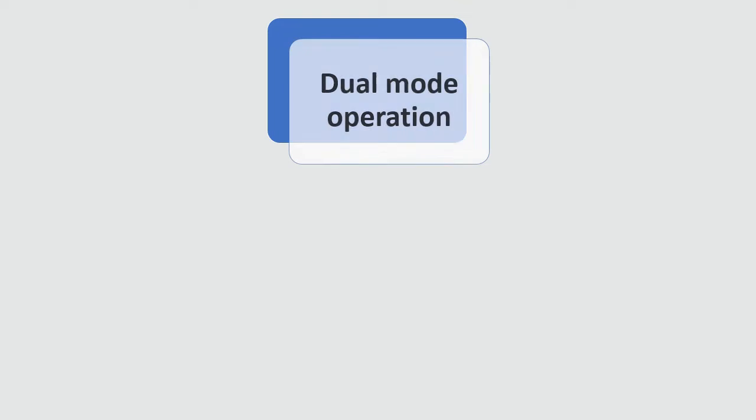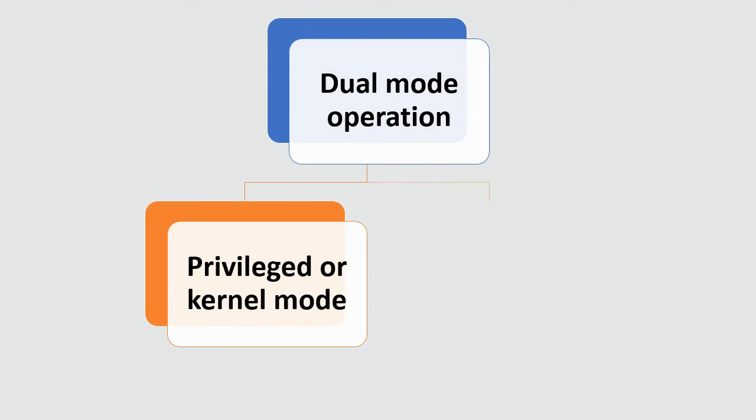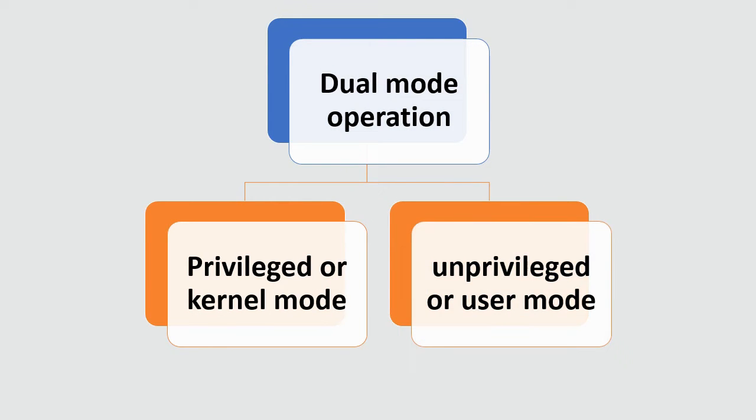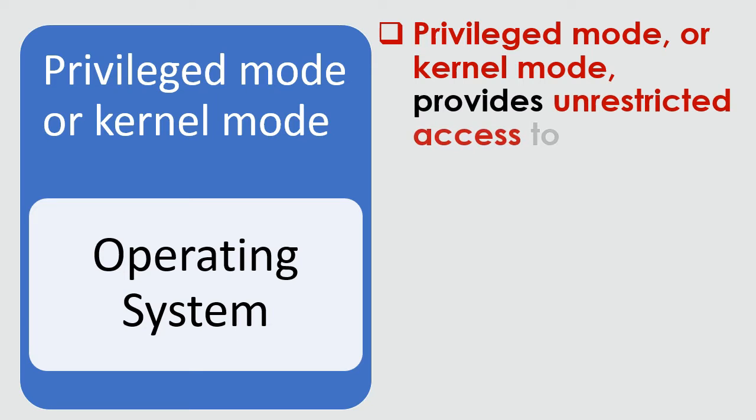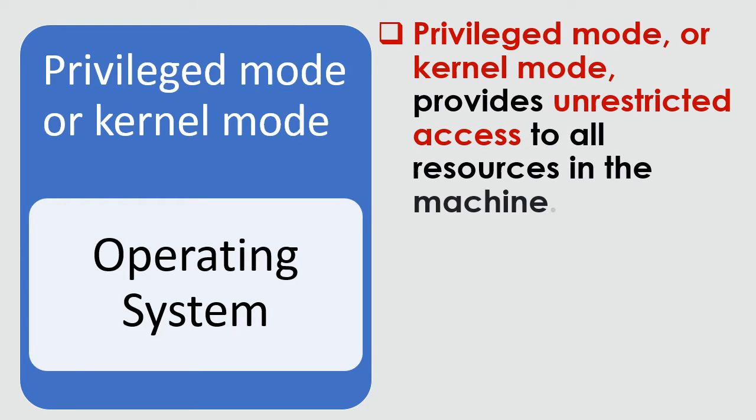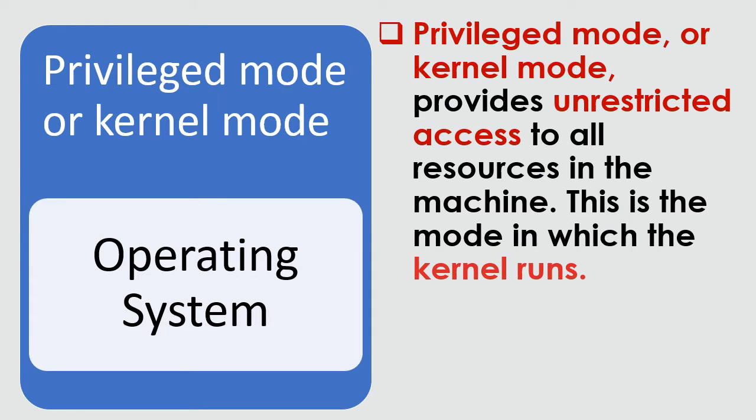Dual mode operation means the processor can operate in one of, at least, two modes: privileged, or kernel, mode, and unprivileged, or user, mode. Privileged mode, or kernel mode, provides unrestricted access to all resources in the machine. This is the mode in which the kernel runs.